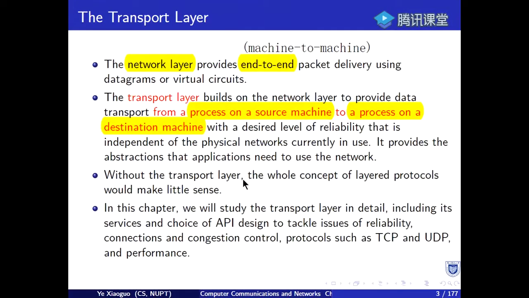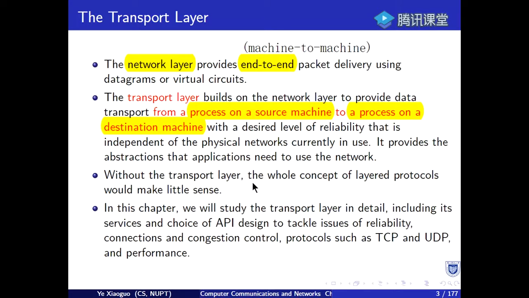Now we should introduce some concepts of the transport layer. We know the network layer provides end-to-end packet delivery, actually machine-to-machine, right?